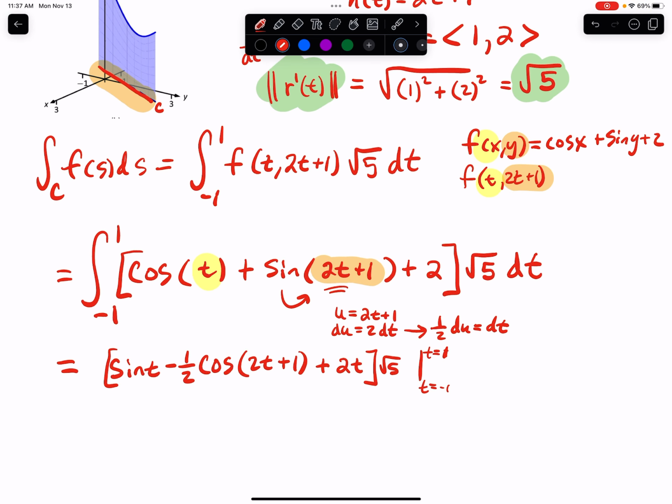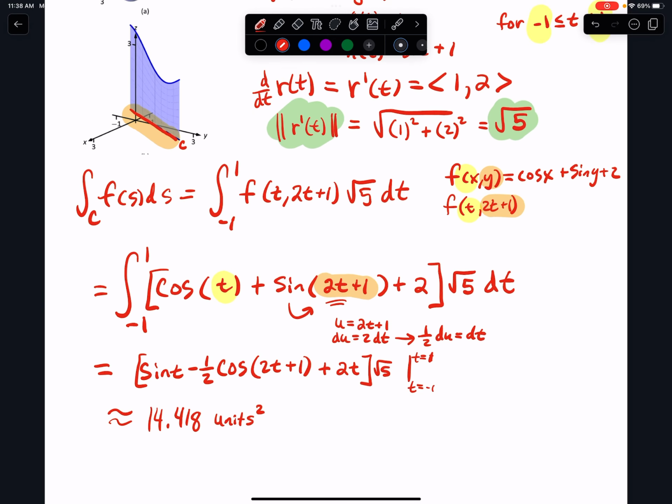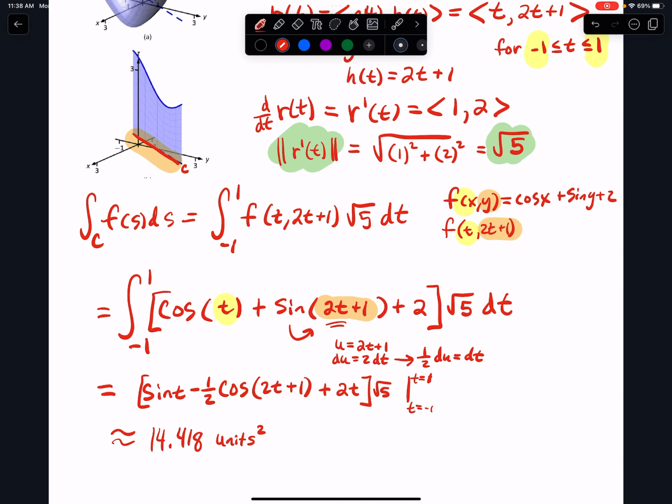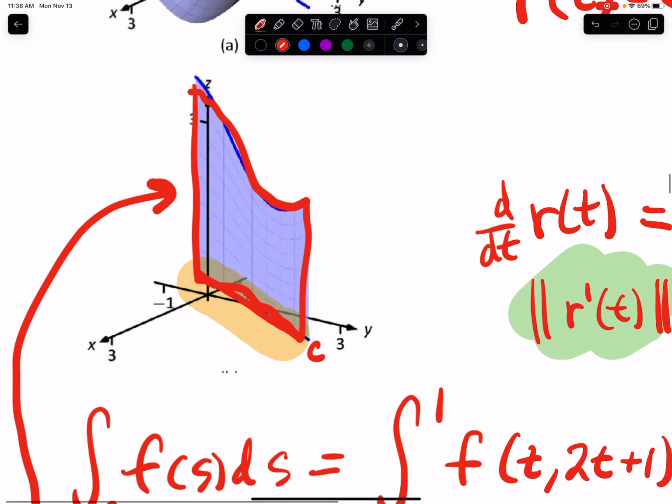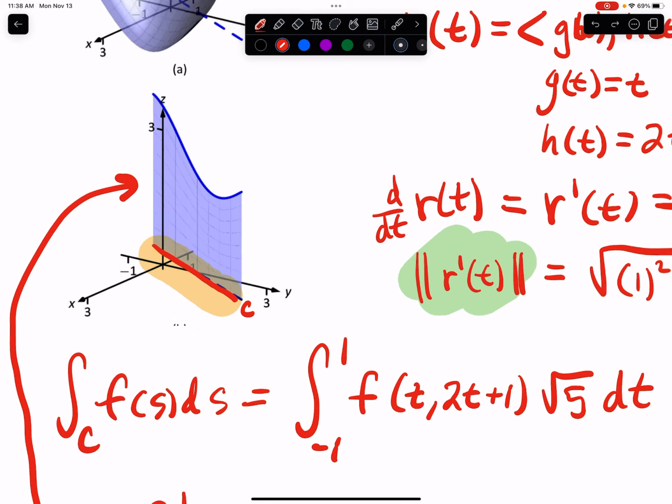And if I type it in the calculator and evaluate that, I should get around 14.418 units squared. So that line integral, which tells me this area here, is 14.418. Okay, kind of cool.